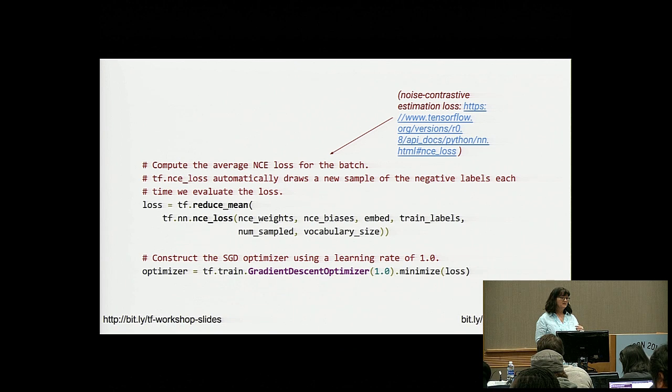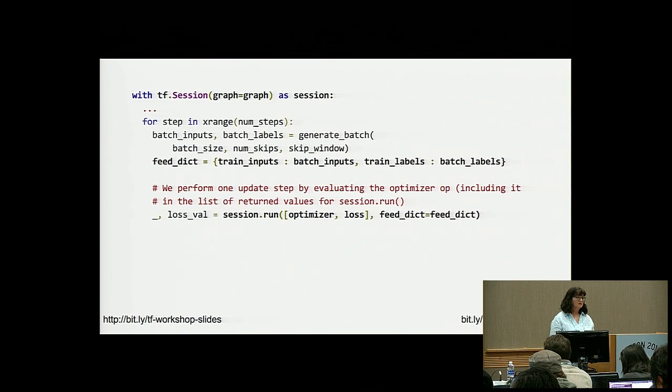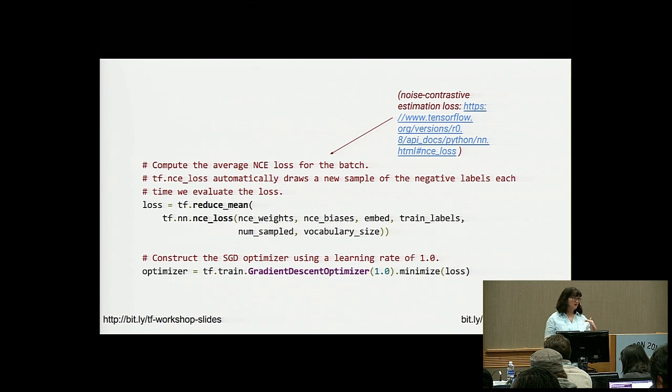Then we're saying use gradient descent as our optimizer and minimize this loss. And that is all that we need to do to define this graph, to train this network, because the NCE loss operator is doing a lot of powerful stuff under the hood.